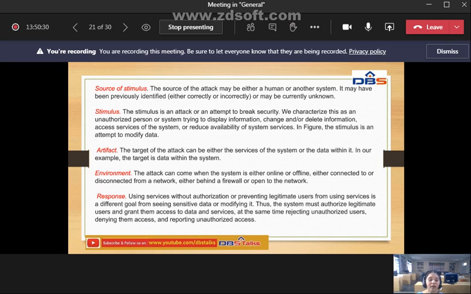Some are trying, even unknowingly, to access the data and services. In those situations, we need to report the unauthorized accesses. So, that is the response.